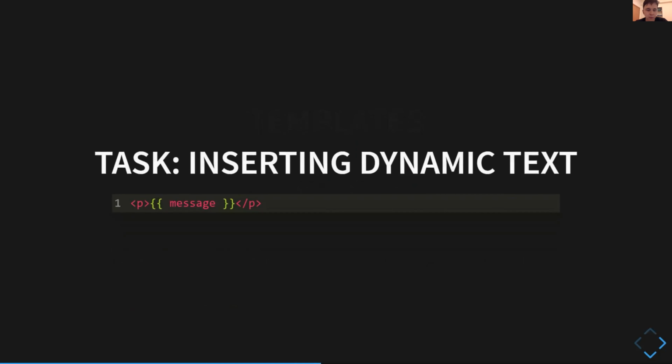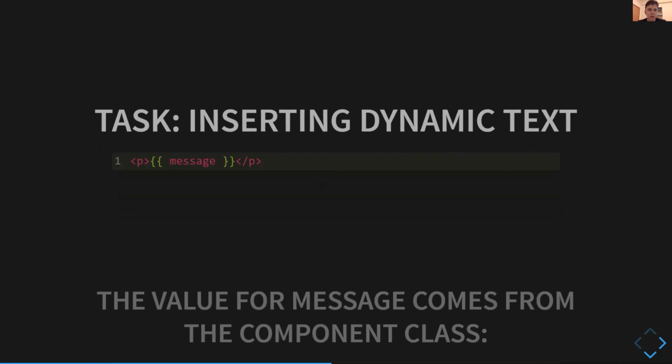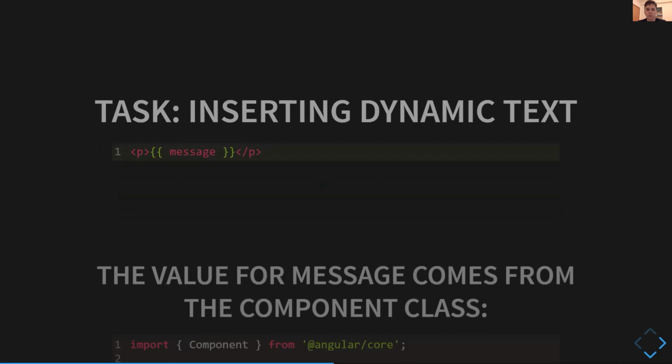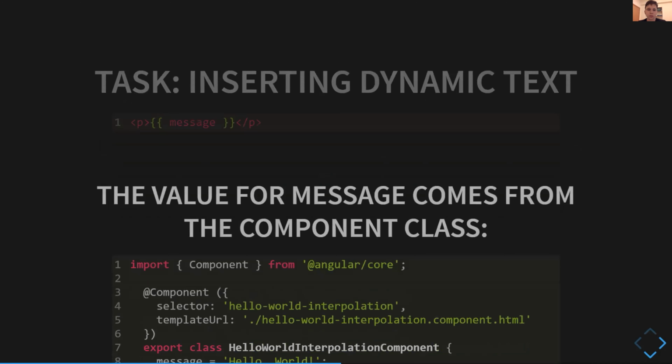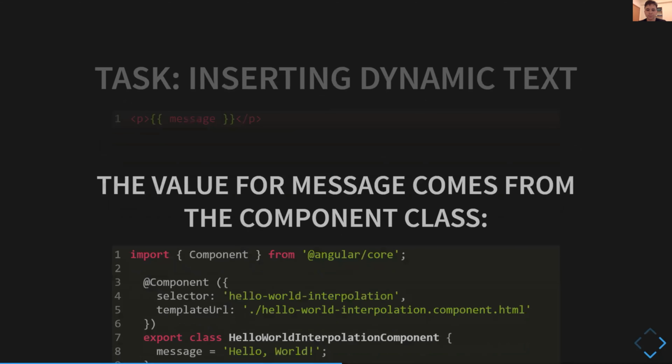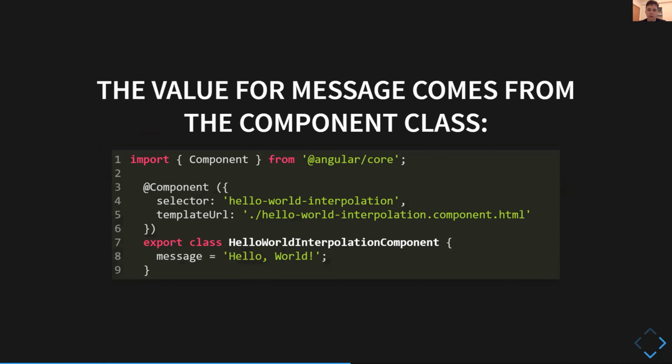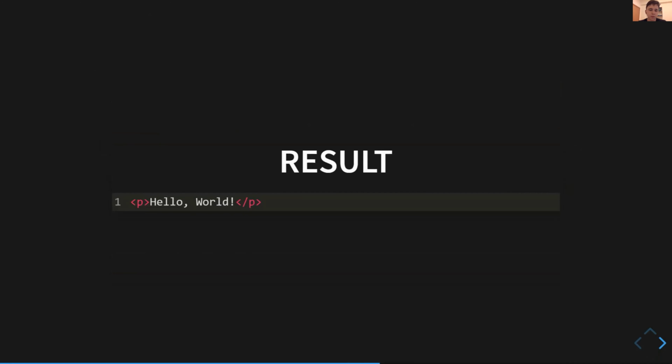So we have, for example, a task to insert dynamic text into this template. The value for message comes from the component class, and when the application loads and loads the component and its template, we can see this message.